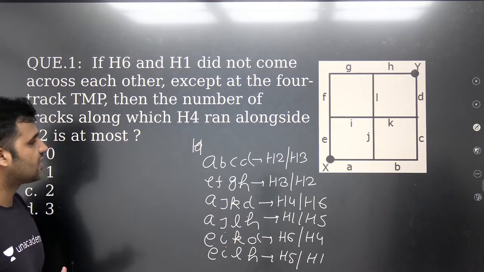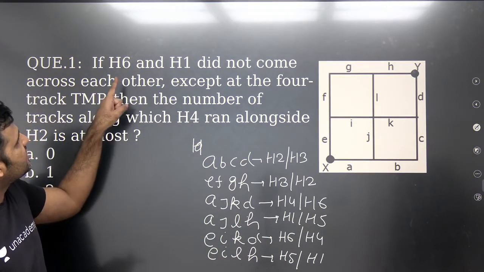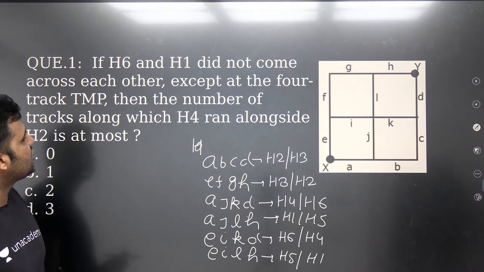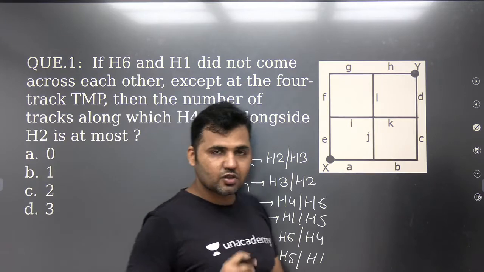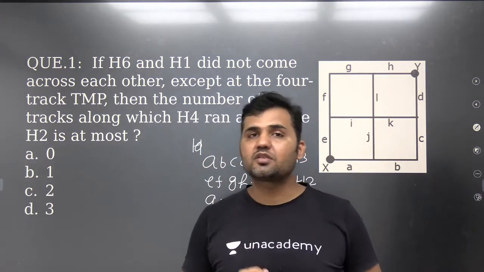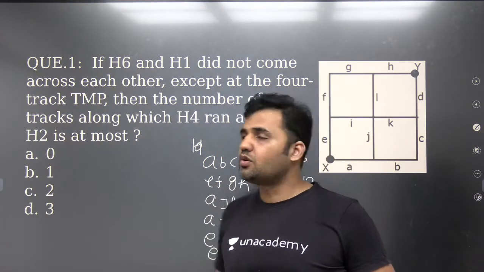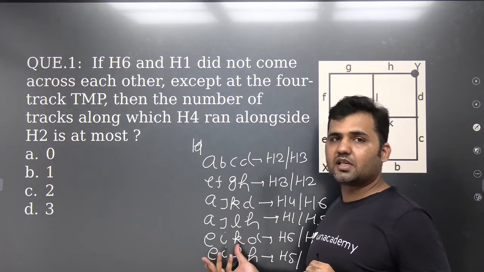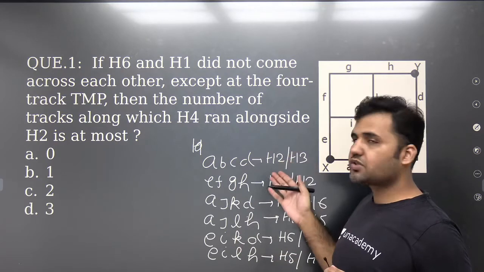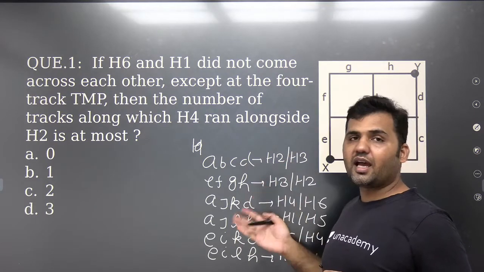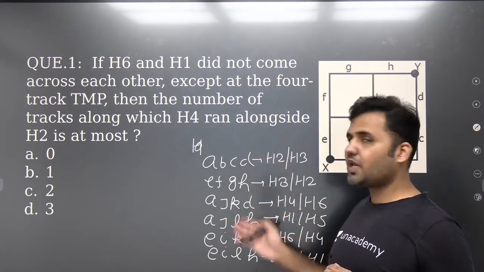All right. Now let's discuss the question. If H6 and H1 did not come across each other, that's the question's condition, right? Don't forget, whenever you're solving a logical reasoning puzzle which is based on conditions, do not try to make all possible cases. For example, if I try to find out the unique possible cases where H2 is running, where H3 is running, I don't have that information given in the instruction, so I'll not be able to make it.